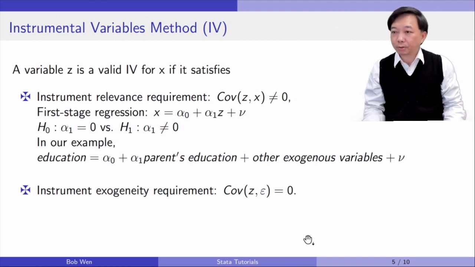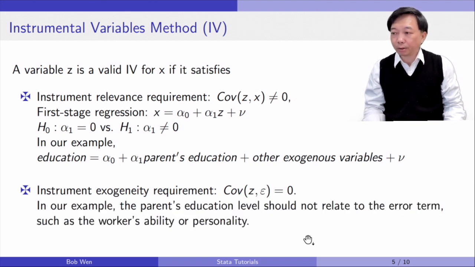We cannot test this instrument exogeneity requirement. It can be only argued by common sense or economic theories. In our example, if we use the parent's education as an instrumental variable for the worker's education, we must argue that the parent's education will not affect the worker's wage directly or indirectly through any channel other than the worker's education.